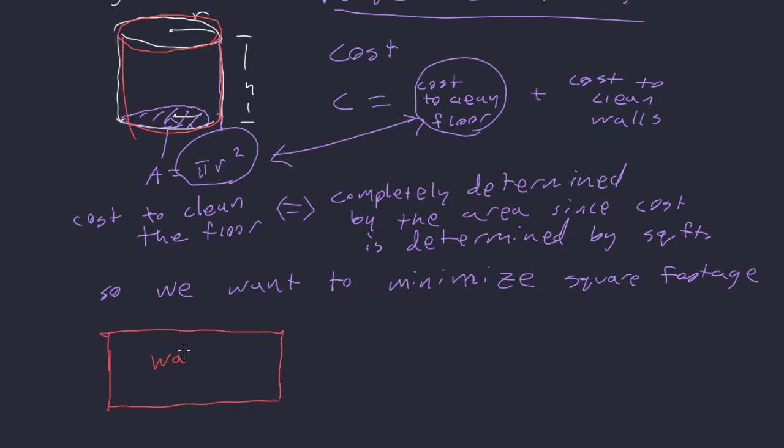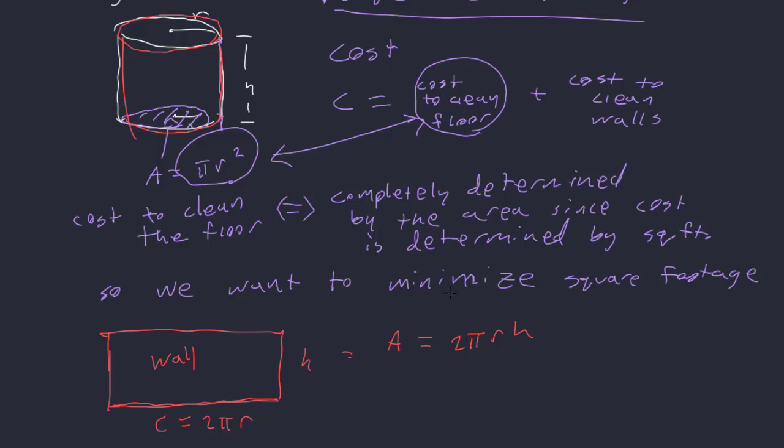So these are the walls all the way around. The height of the rectangle is h, and this length here is the circumference around the circle, so that's 2 pi r. So the area of the wall is going to be 2 pi r times h.